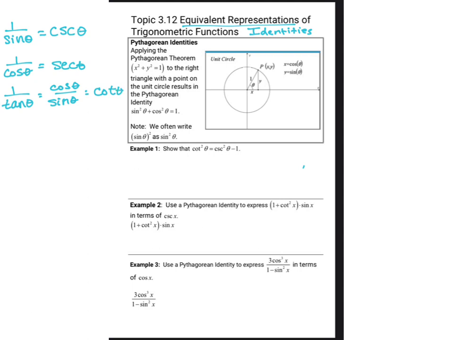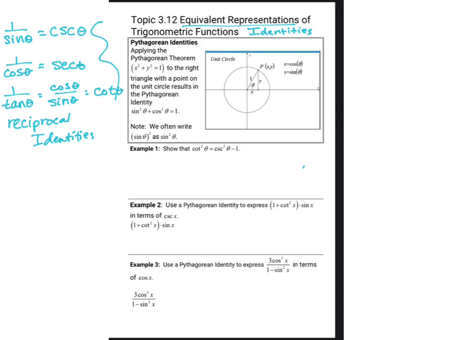These are 3 identities in the set called reciprocal identities. Not inverse. You also know the identity that says tangent is sine over cosine. So an identity is a true statement, a rule that you can use every time.